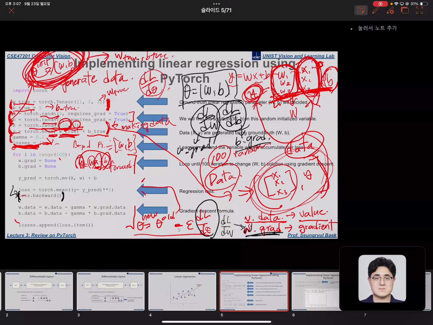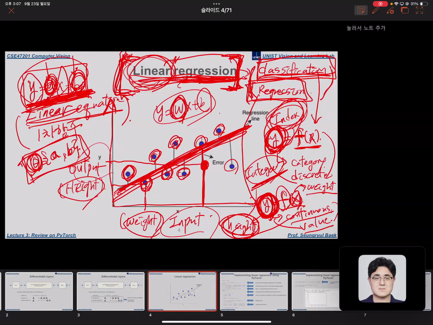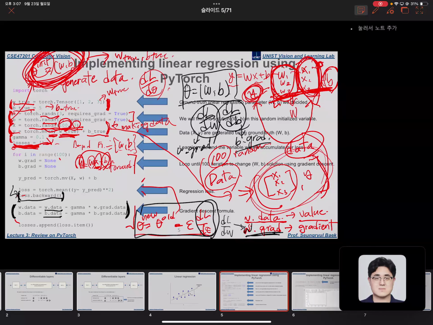When you call this, all the gradients for every parameter are calculated automatically. After that, you can update each parameter W and B using the gradient descent rule: the previous parameter value minus the small learning rate multiplied by the gradient value. Then W and B are updated once.